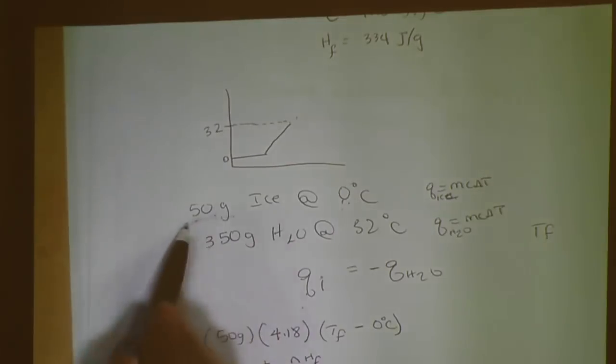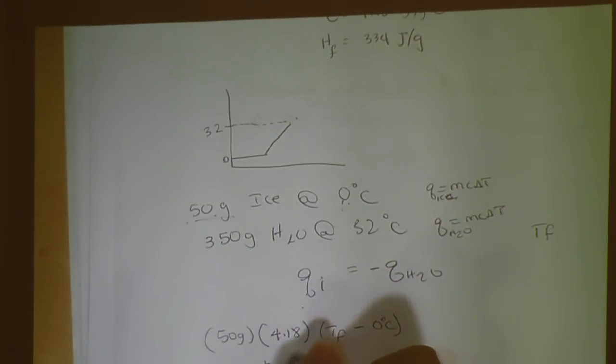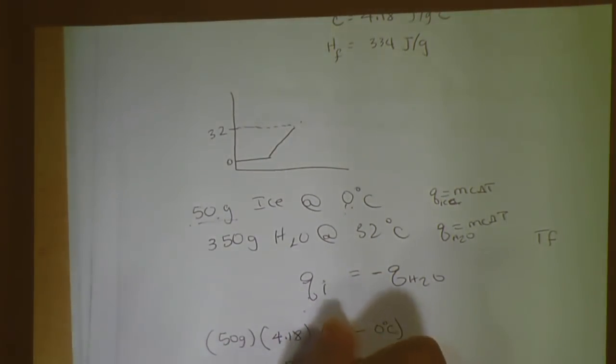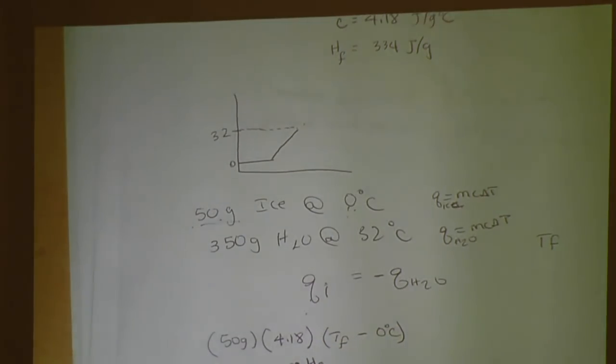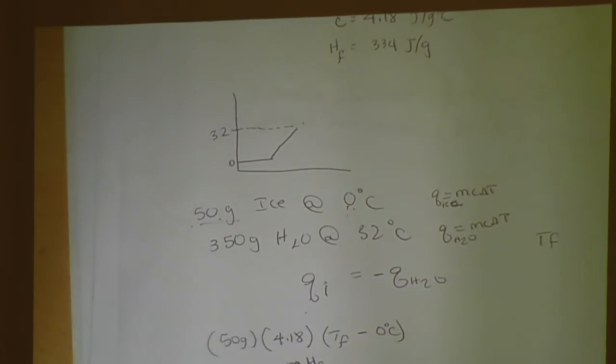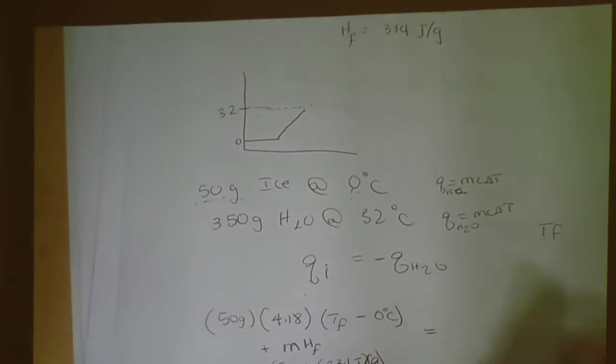Or actually no, just multiply the grams by the H. So mass times H of fusion, which is the 50 grams times the 334 joules per gram. Because again, this one is at 0 degrees Celsius, you have to take into consideration fusion.